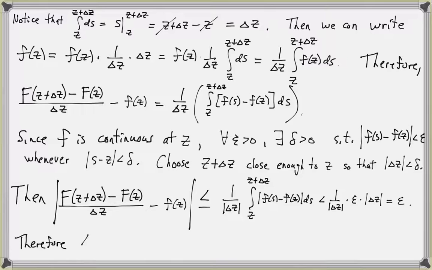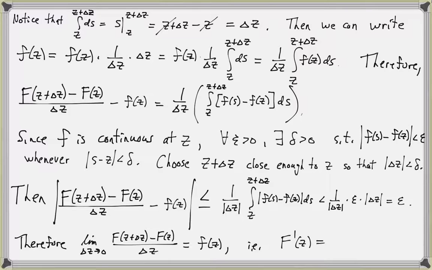So therefore we establish that the limit as delta z approaches 0 of capital F of z plus delta z minus capital F of z over delta z equals little f of z. And that's exactly what we want to establish: the fact that the derivative of capital F equals little f.